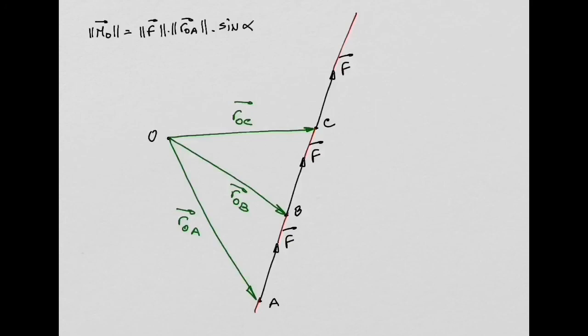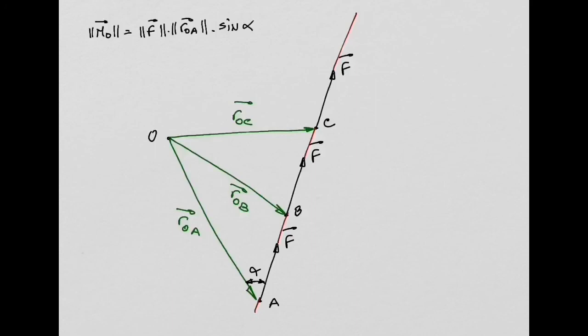Now let's look first at this position vector that we have here, ROA. All right. So if I want to calculate the moment produced by the force that is applied at point A about point O, I need to use this position vector ROA, and my angle, this angle alpha that you have there, is going to be this one. You agree with me? It's the angle between the position vector and the force vector, right?